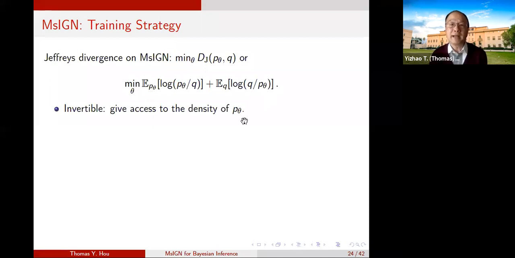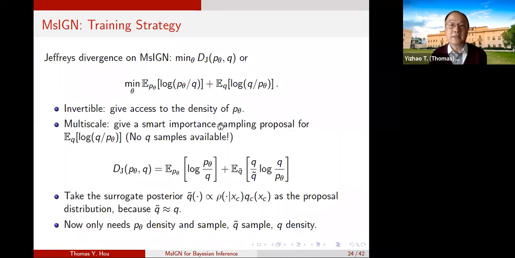But then we realized that if you construct the map to be invertible, you also have access to the density of P theta. And since we use a prior conditioning step, you have a Q tilde, which is a good approximation of Q. So we can do importance sampling to approximate the reverse KL. You change this into this discrepancy.